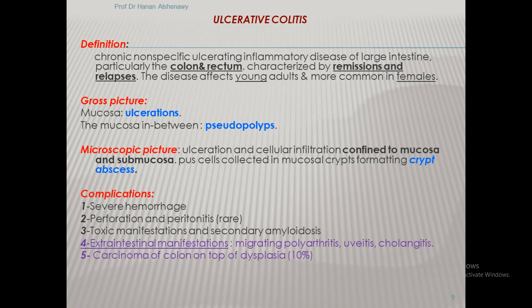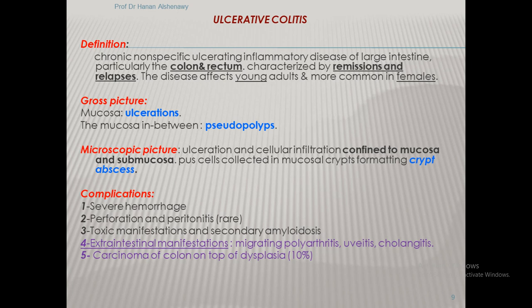What are the complications? Sure, there are many ulcerations. So the complication is severe hemorrhage, bleeding by rectum, I mean. Sometimes perforation and peritonitis, but this is very rare. Toxic manifestation, this is very important. It may affect any other site with extraintestinal manifestations like arthritis, uveitis, I mean inflammation in the eye, and cholangitis, inflammation of the biliary system.